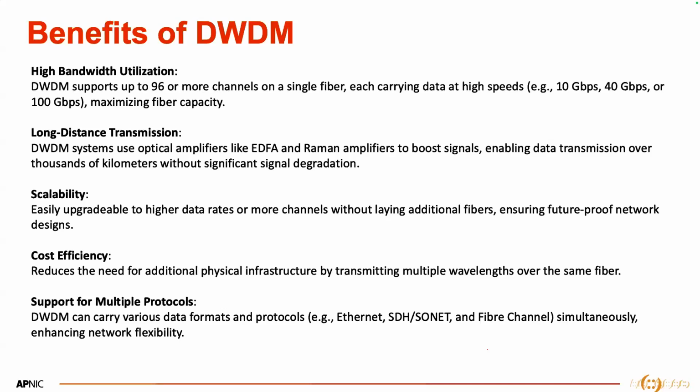It is highly scalable. You can start small and grow to a very high extent based on the traffic requirement in the network. It is also cost efficient in terms of fiber.